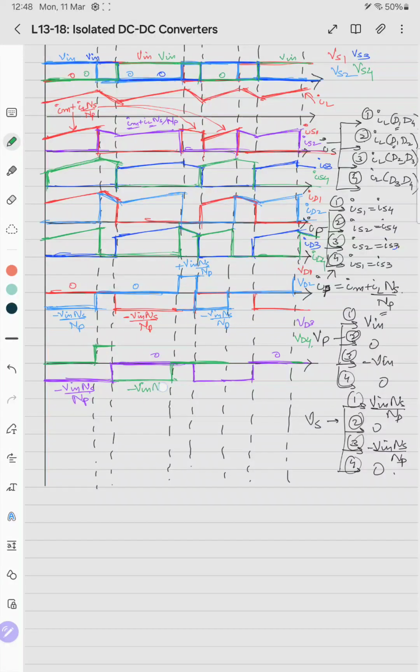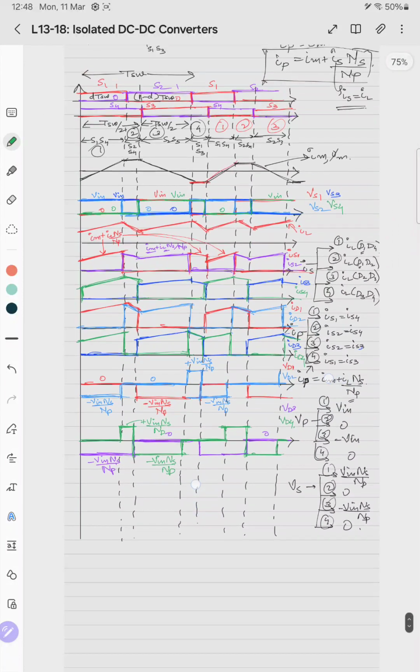This is minus V in NS by NP, and this is plus V in NS by NP. Then 1, 2, 3, 4. This is the voltage across the diode VD4.